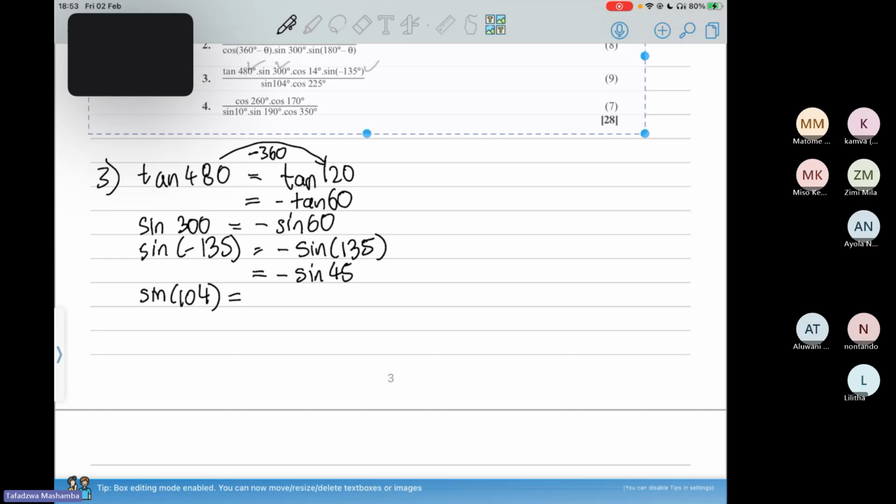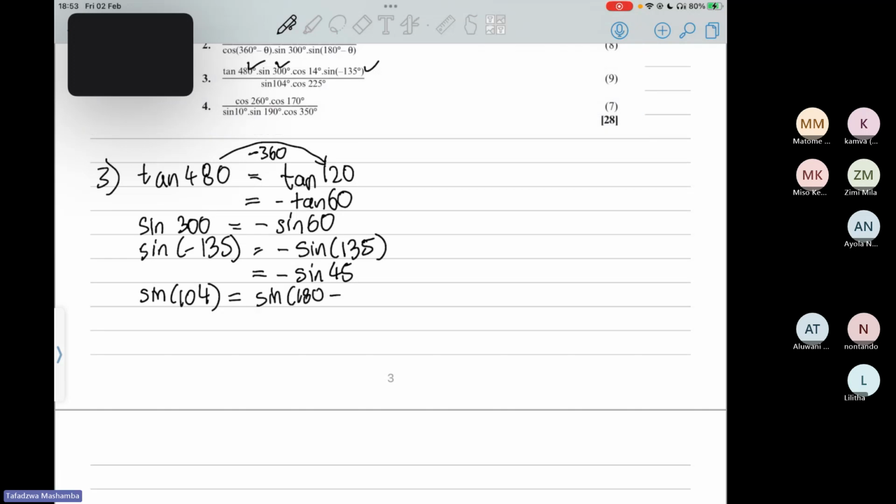So this becomes sine of 180 minus theta, and you find that theta is 76. So sine of 76, that's fine. And lastly, we have cos of 225.